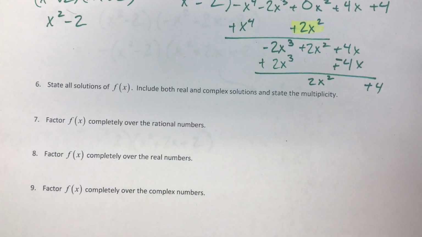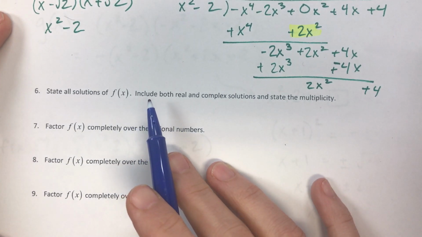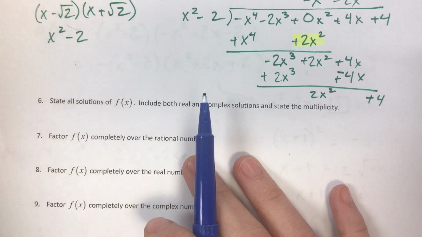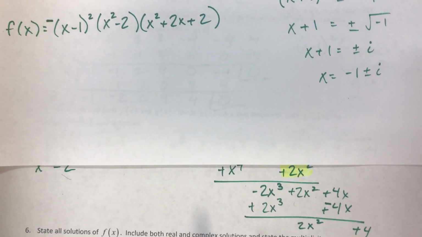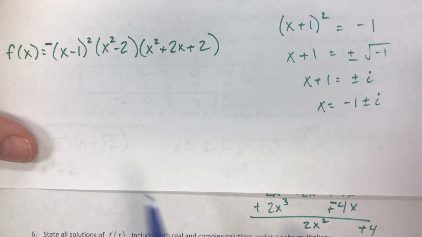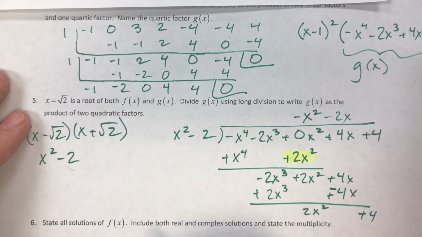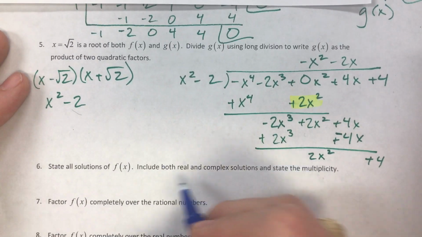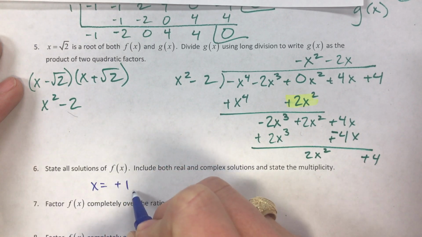I can't find a green pen, but here it goes with the blue pen. So it says state all the solutions. Well, so when we look at f of x, we had these solutions here. We have a positive 1, and then we had solutions from these 2 quadratics. So the solutions would be x equals 1. Well, I don't need the plus sign.